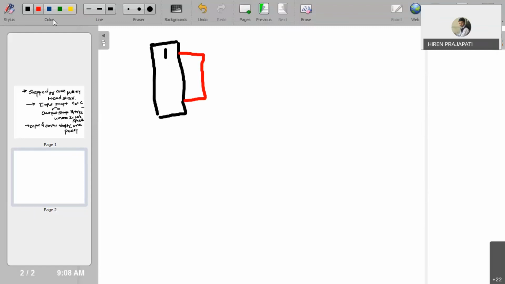This is pulley 2, and then we use one third pulley. Right now, suppose we are taking the example of only 3 pulleys. So this is pulley 2 and this is pulley 3, and this is the shaft axis, right?